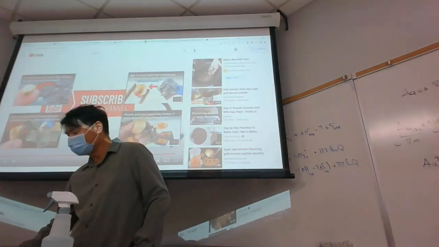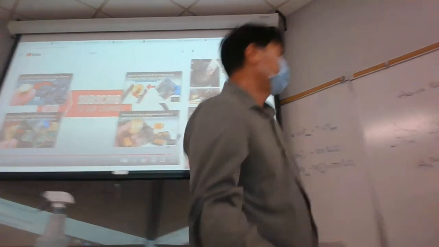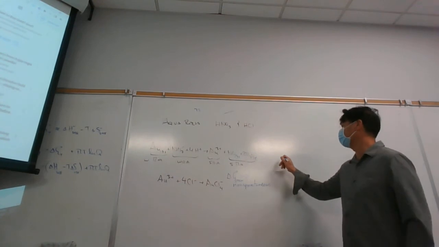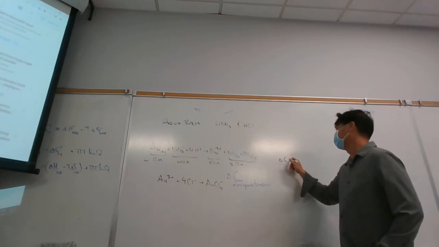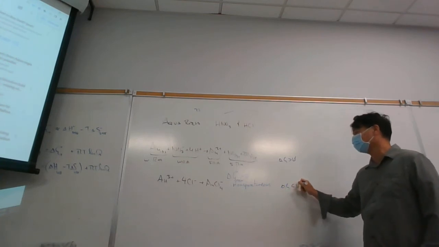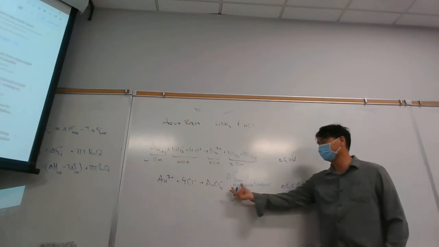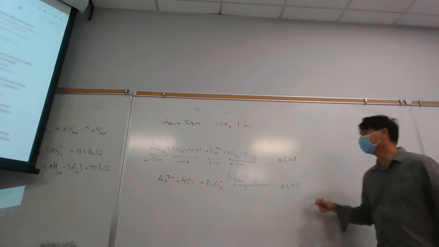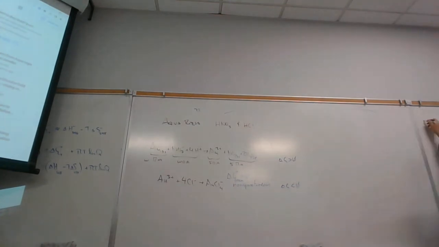All right, so what we're going to do is combine these, because here delta G is greater than 0, and here delta G is less than 0. When we have complex formations, remember the K is very large for these. KFs are very large. If KFs are very large, what does that tell us about delta G?